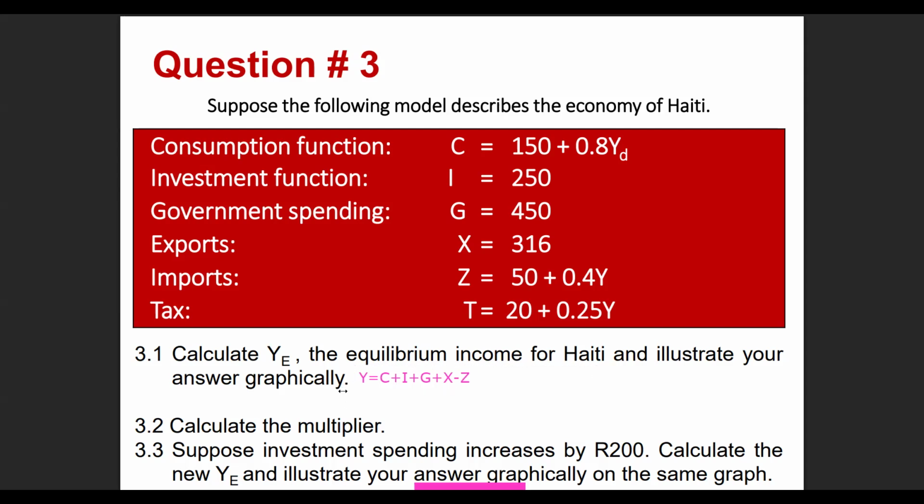And your C is 150 plus 0.8. To get that disposable income, to calculate YD, you can say your income minus taxation, or 1 minus t, small letter t, times Y, to get your disposable income.